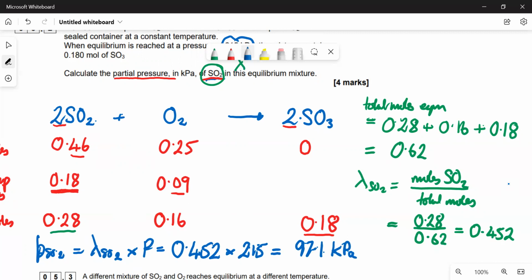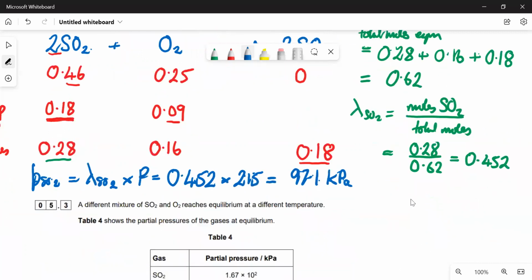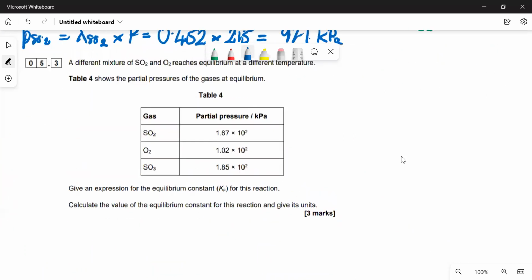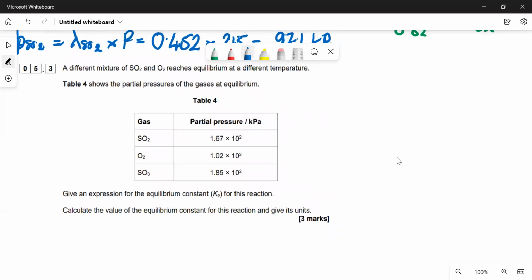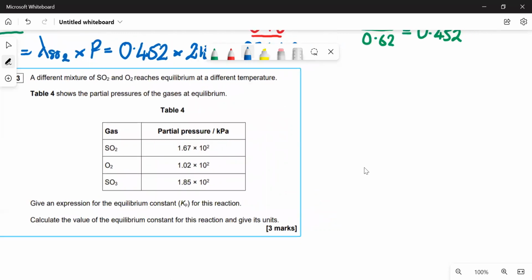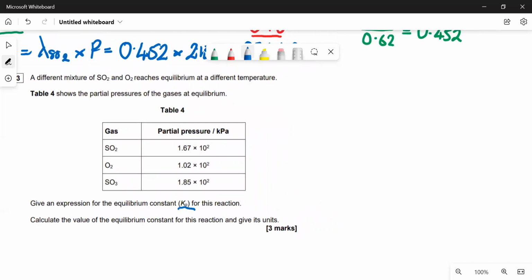Okay, right, 5.3. A different mixture of SO2 and O2 reaches equilibrium here, and we're given the partial pressure of each gas. So give an expression for the equilibrium constant Kp, and then work out its value and give its units.